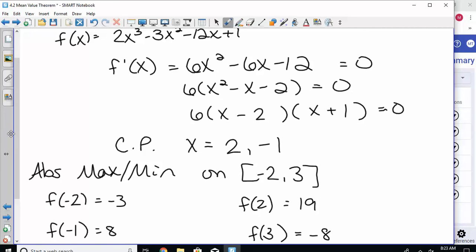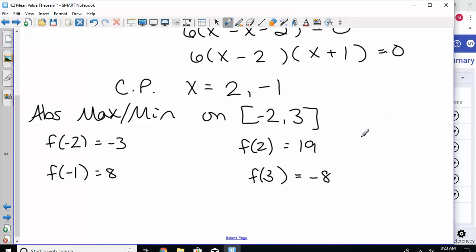So what's your absolute max? And the absolute min? So you should be able to find critical points, that's anywhere the derivative is 0 or undefined, and absolute maxes and mins. I might give you something with a polynomial. I might give you something that is not.